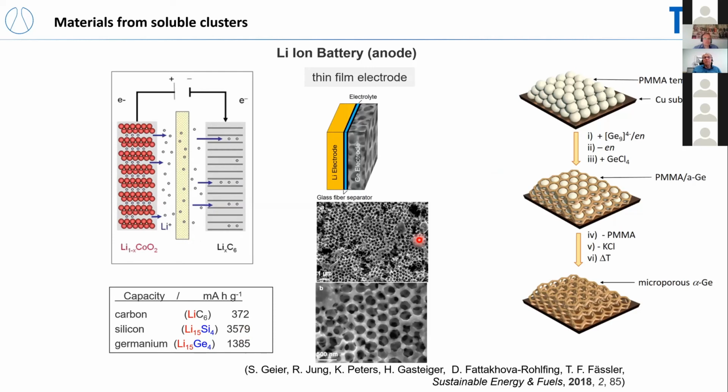And the problem is we get a huge volume change here, so the battery does not work that long with silicon and germanium. If we start with such a microporous structure, we have much better cycling stability in our first tests. So this is the model of the empty framework, and it looks quite promising. And now it's just the point to do this for silicon.